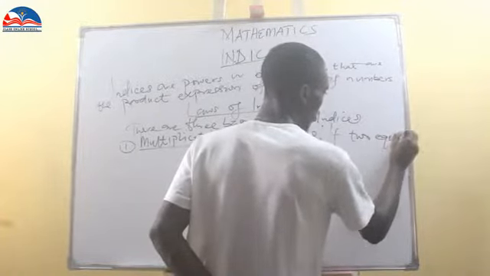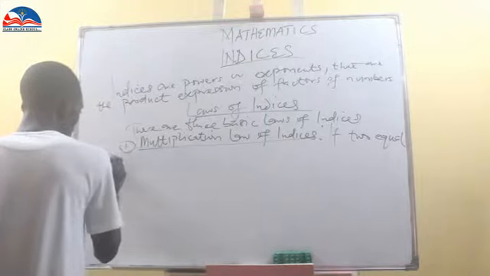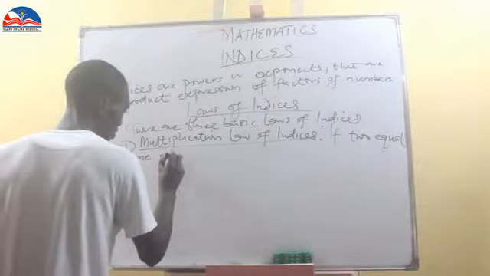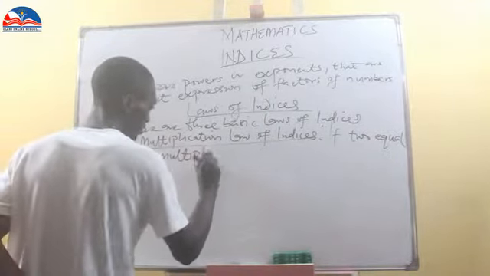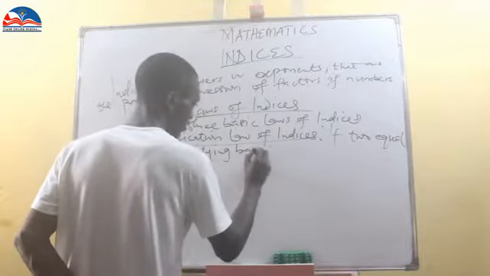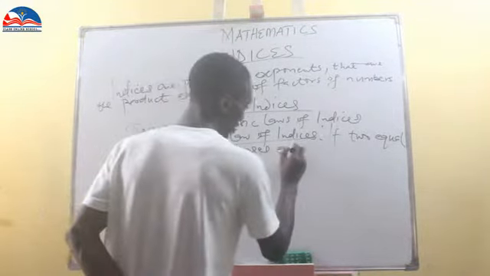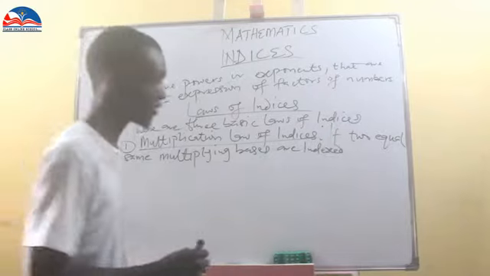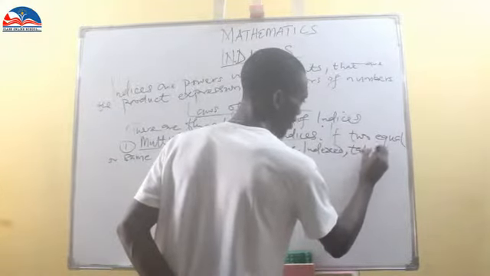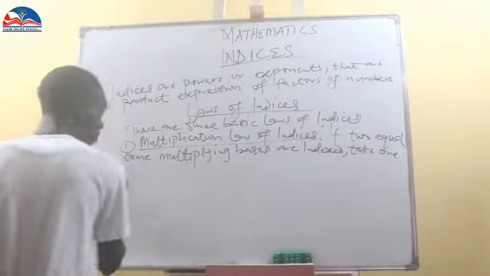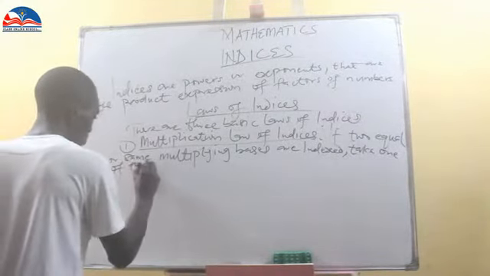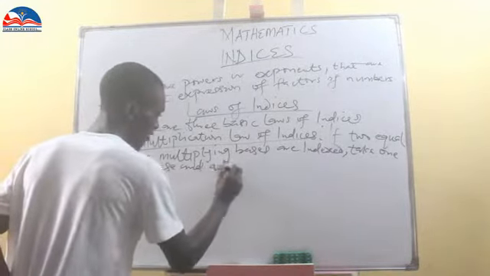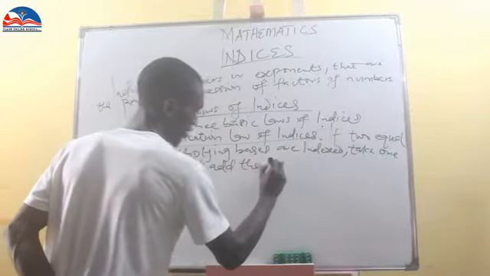Let's take that if two equal or same multiplying bases are indexed, you will see that you should take one of the base and add the indices.